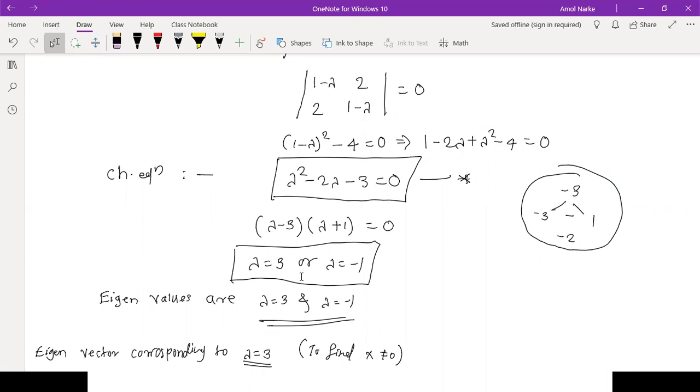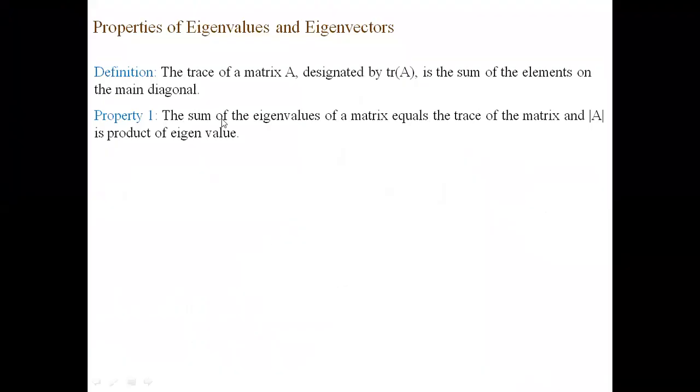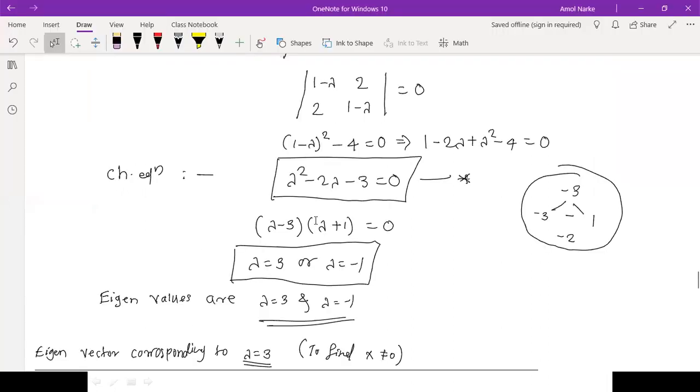Got it? Everyone? So that I have written here. The sum of eigenvalues of a matrix is equal to the trace of the matrix. And what is this? The determinant of A. So the determinant of A is the product of eigenvalues. Let's check it out. What is my product of eigenvalues?